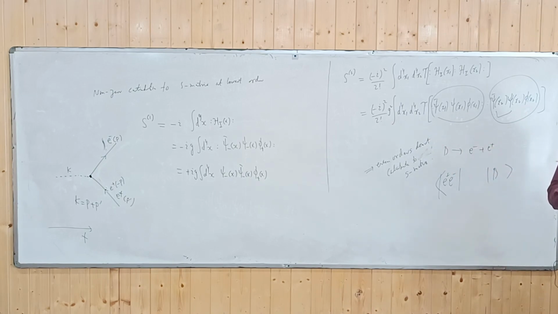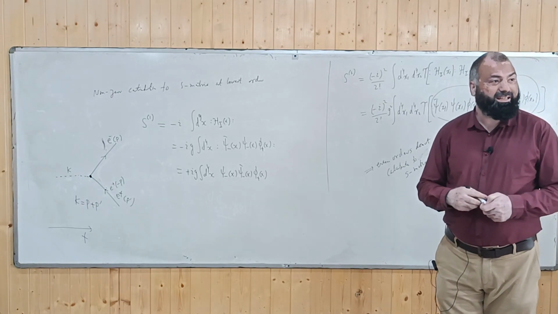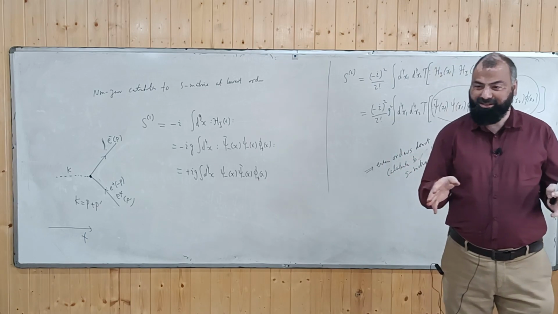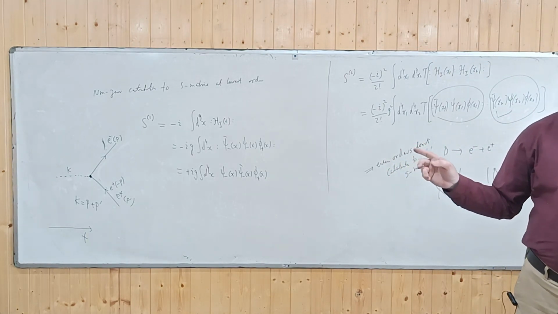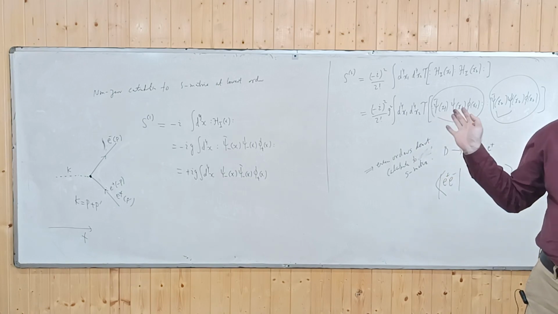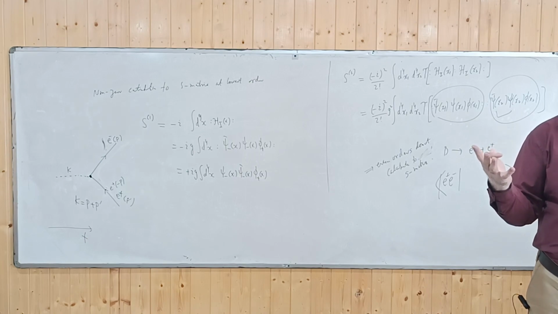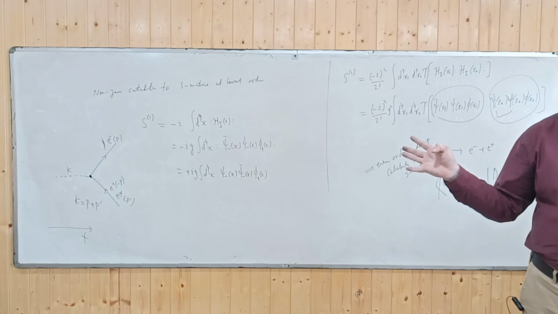Now let's look at the other order, which is very non-trivial. Let's take the third order term. Clear? In the third order term, how many fields are there? In the first order, there were 3 fields. It described the process. In the second, we have seen it does not. In the third, how many are there? 9 fields. Out of 9 fields, 3 you require for the given process.